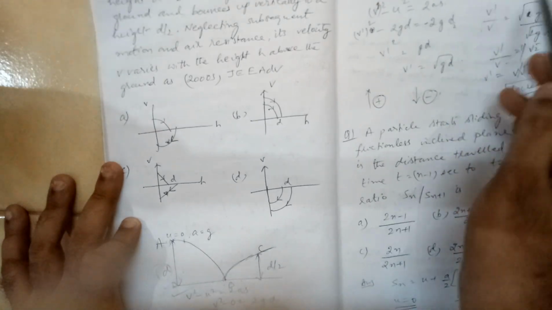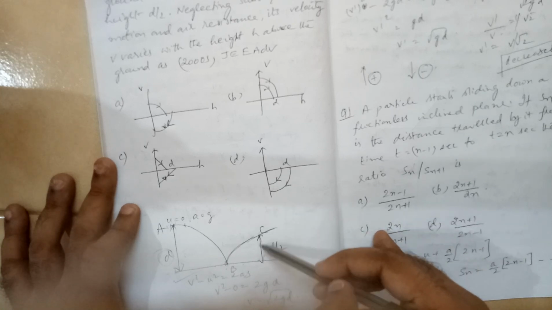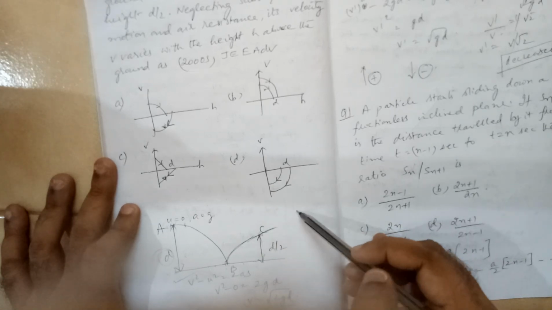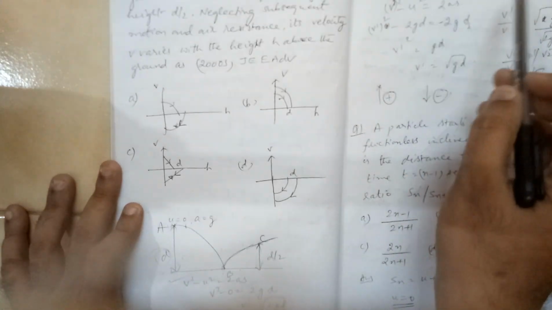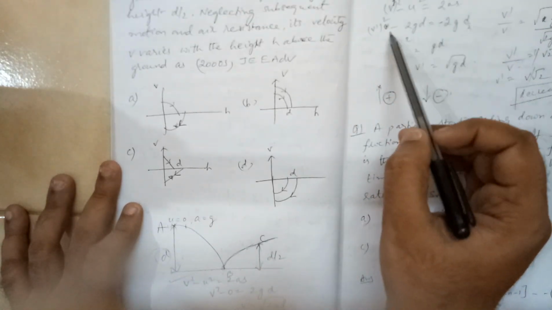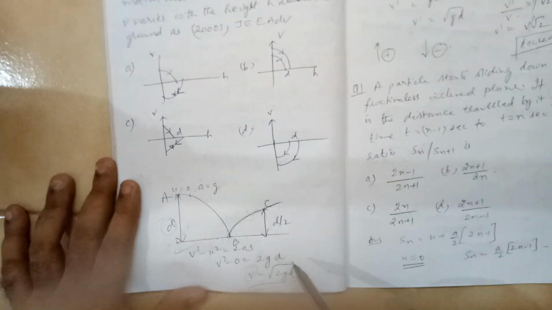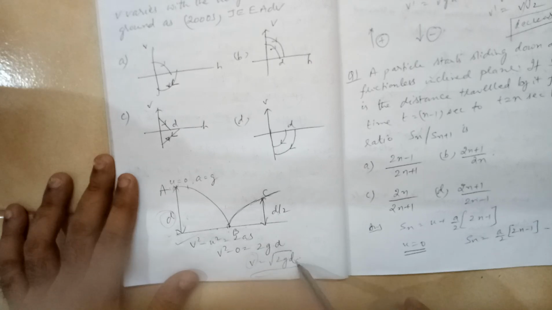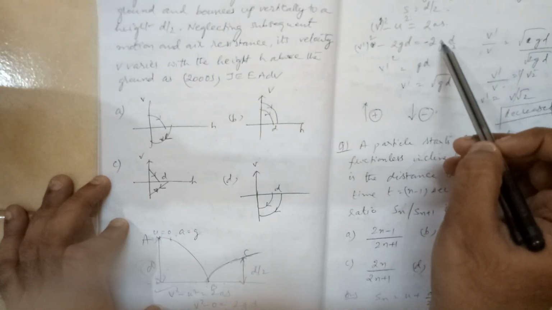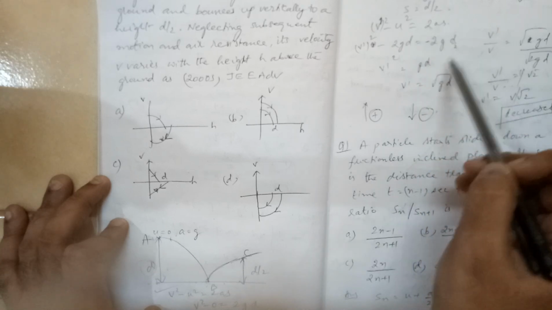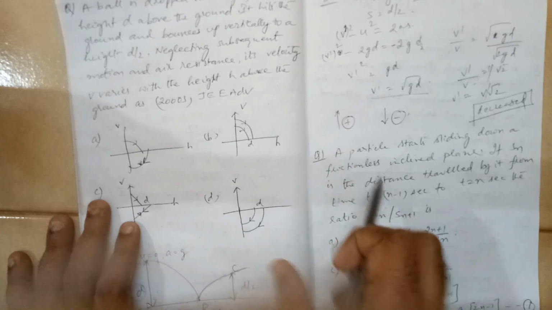Here acceleration will be minus g, and s is equal to d by 2 because you are working out at C. The ball may be moving forward but you are working out at C. Again you can use the same equation, v dash square minus u square is equal to 2as, where u square is now this value, the initial velocity. g will be minus here, s will be d by 2. When you work out, you get v dash is equal to root over gd.